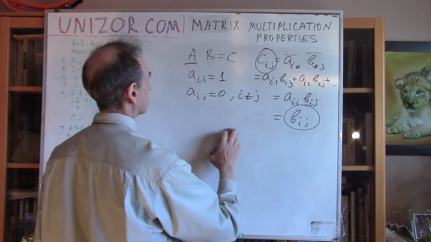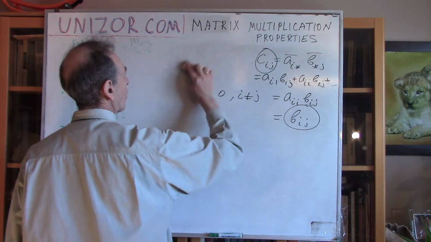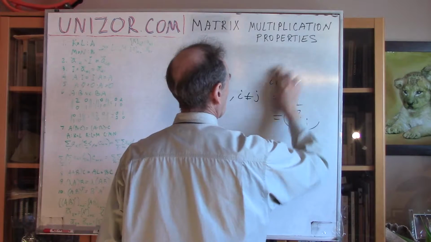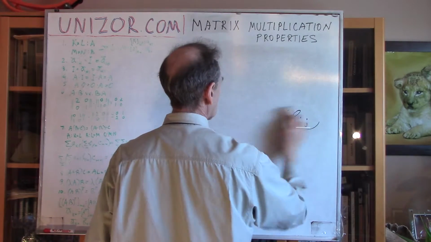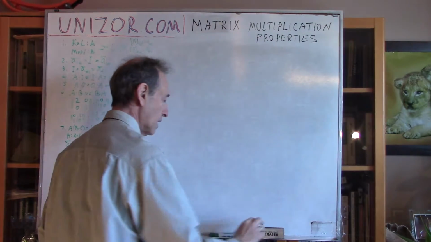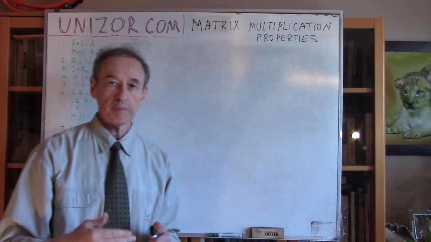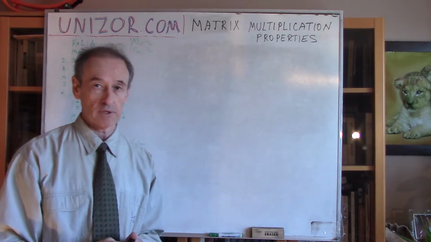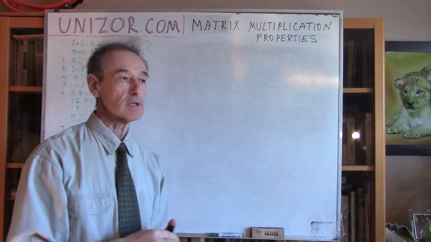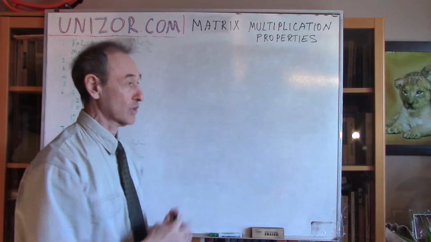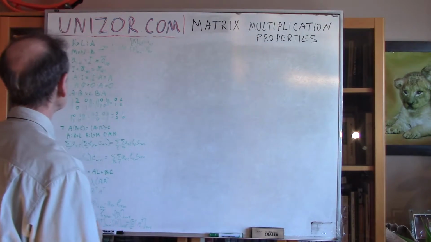Then A would be preserved. So that's another property of the multiplication. It has, as we see, an equivalent of a unit matrix and equivalent of a zero matrix. Well, actually many different equivalents for different sizes. For each size we have its own.